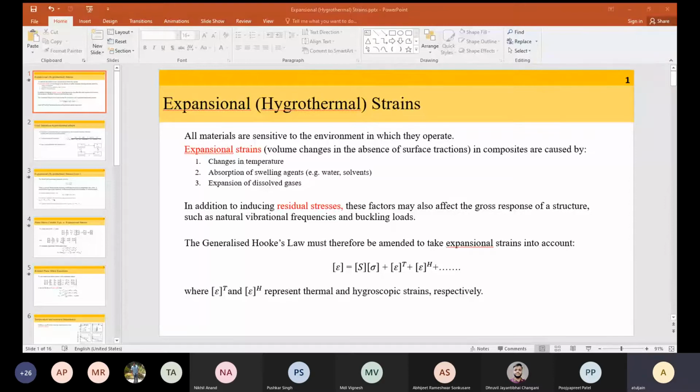This coefficient will be different in different directions. Correct. Yes. Because so far you were learning only isotropic materials. Now we are trying to do a generalized formulation of these factors in orthotropic material. And in orthotropic material, just like stiffness and compliance can be different in different directions, the coefficient of thermal expansion or the coefficient of hygroscopic strain can also be different in different directions. So we have to put a subscript i.